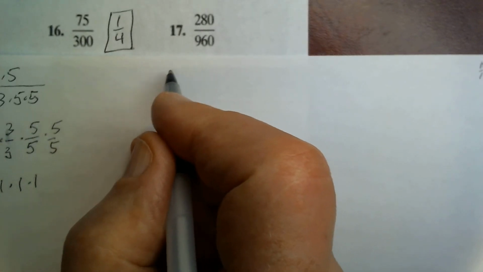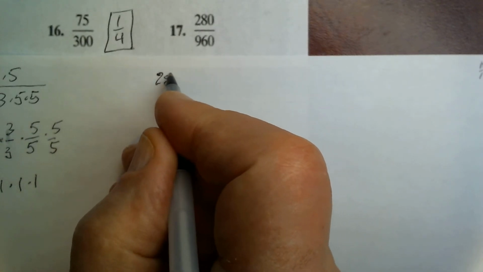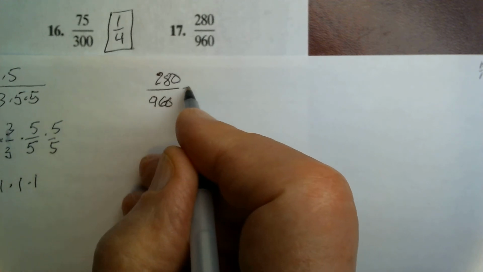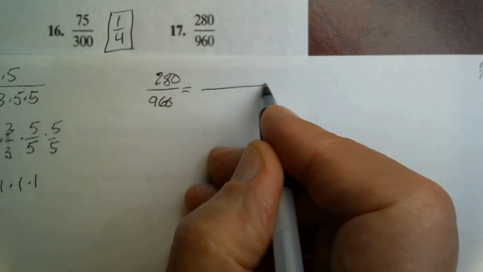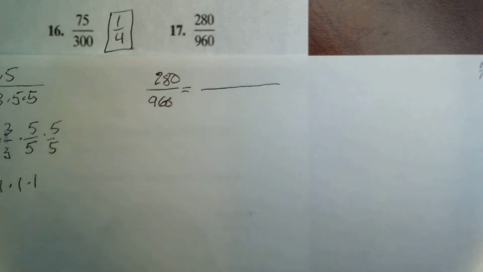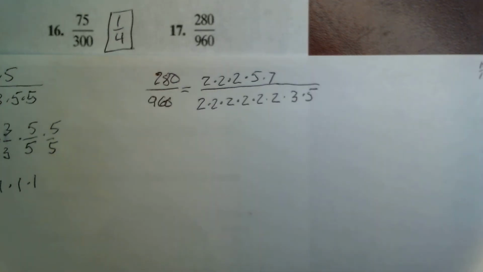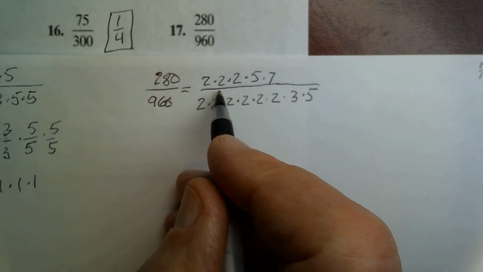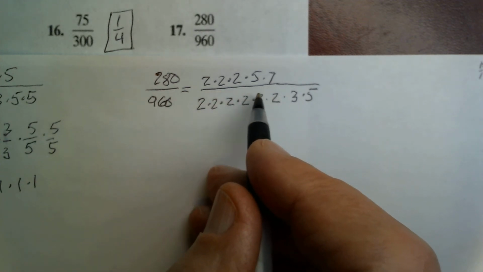And number 17 is very similar. We factor 280 divided by 960, and the prime factorization of 280. So these are the prime factorizations. 280 is 2 times 2 times 2 times 5 times 7.